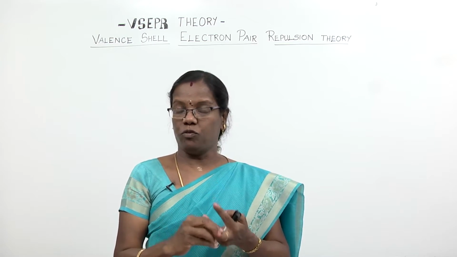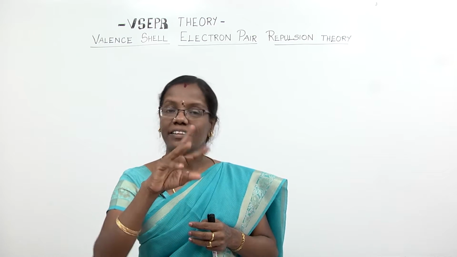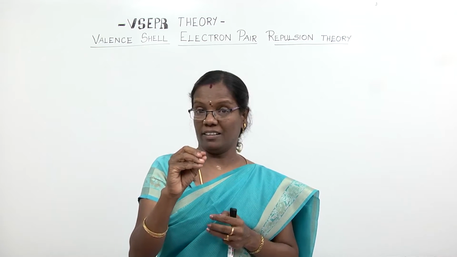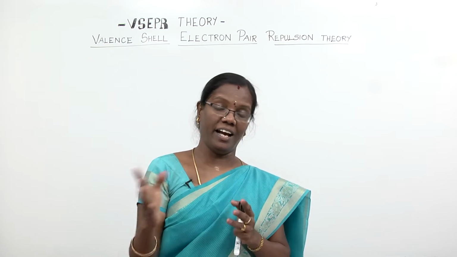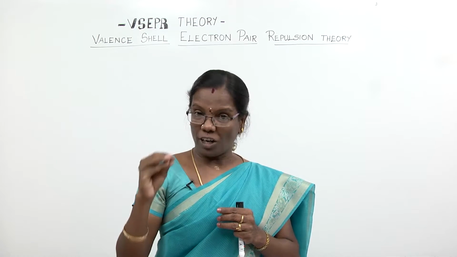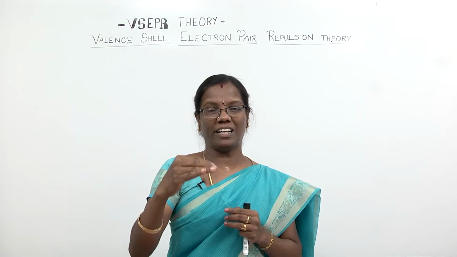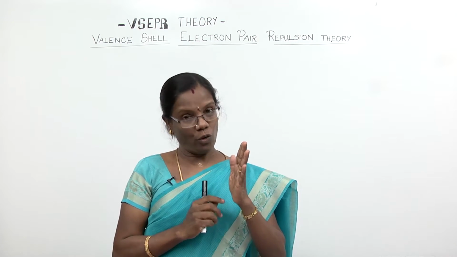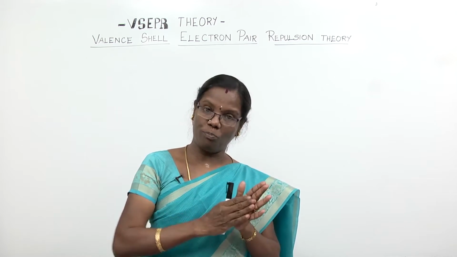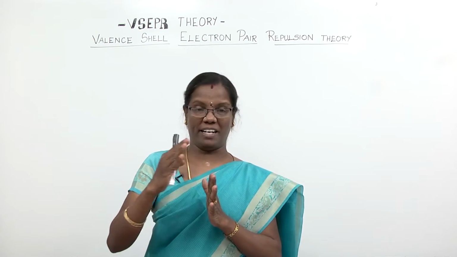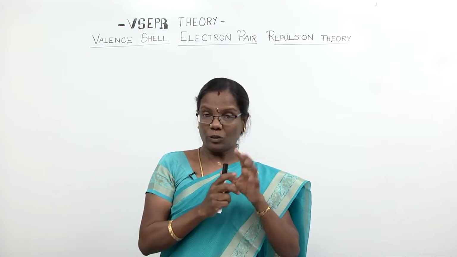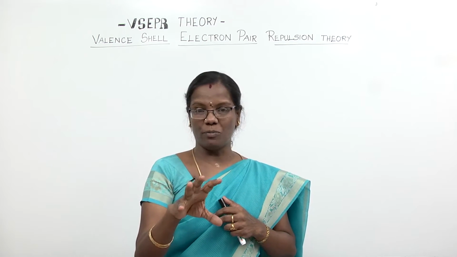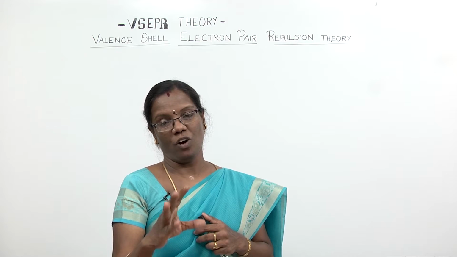There is a repulsive force between these pairs. If it is a lone pair, the repulsive force is very high, and if it is a bonding pair, the repulsive force is somewhat less. The repulsive forces may be between lone pair and lone pair, lone pair and bonding pair, and bonding pair and bonding pair. These repulsive forces determine the shape of the molecule in 3 dimensions, or in space.